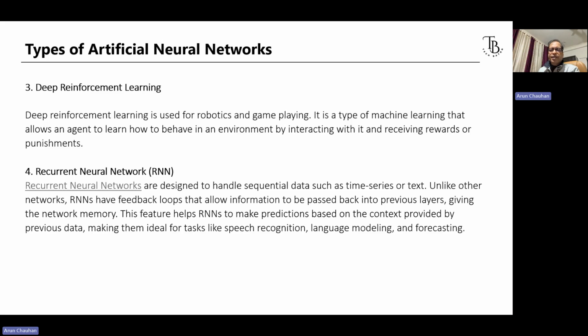Deep reinforcement learning: we have spoken about reinforcement learning, and we discussed that in the machine learning algorithms as well. As we know, reinforcement learning works on rewards and penalties. The same concept is applied in neural networks as well, and they are typically used when you are going to train a particular robot, or you are in the gaming industry.